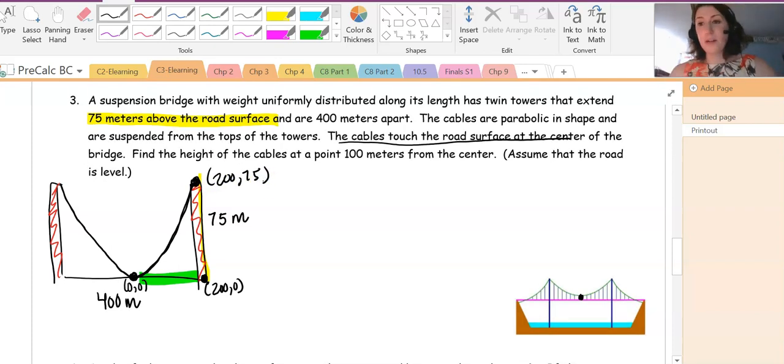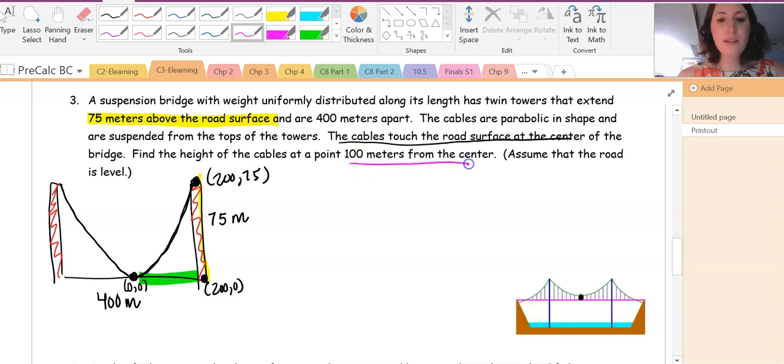And again, I know my drawing is not the most accurate, okay, so just kind of go with it. So let's examine what we're actually trying to find here. It says find the height of the cables at a point 100 meters from the center. So 100 meters from the center, that would be like here. And they're looking for the height.